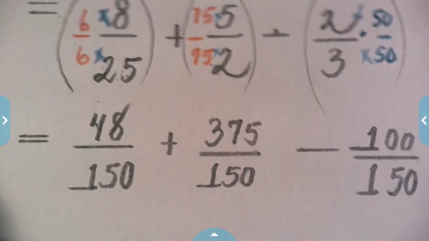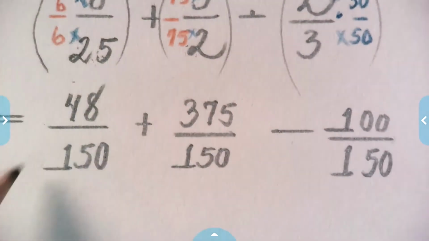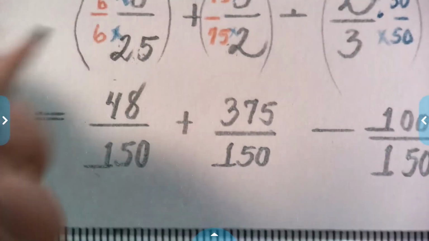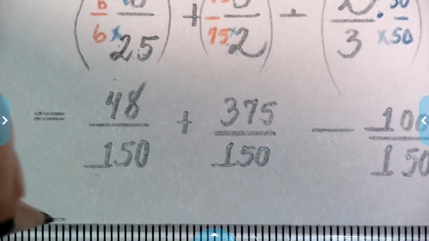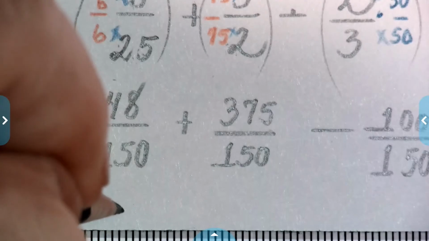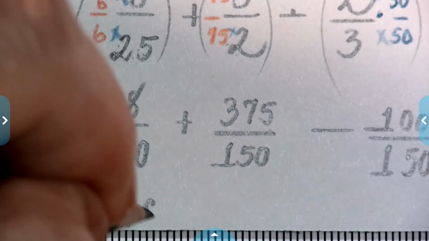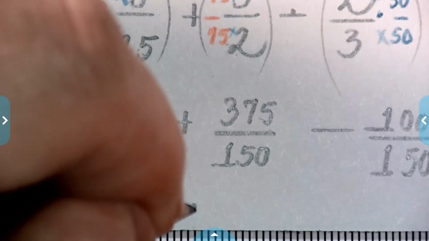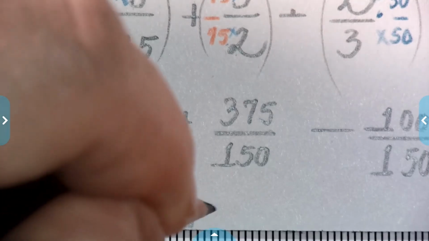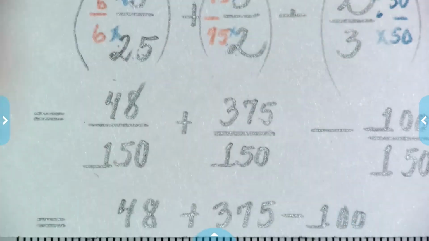Okay, so I feel like we should, since now we have a common denominator, rewrite this as 48 plus 375 minus 100 all over 150.